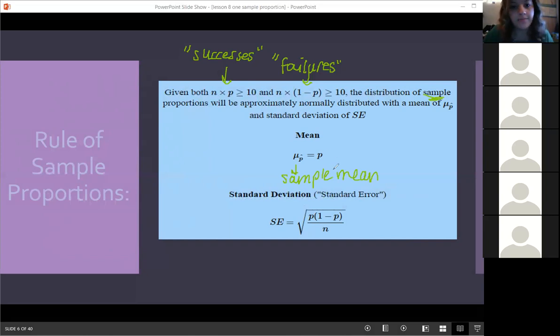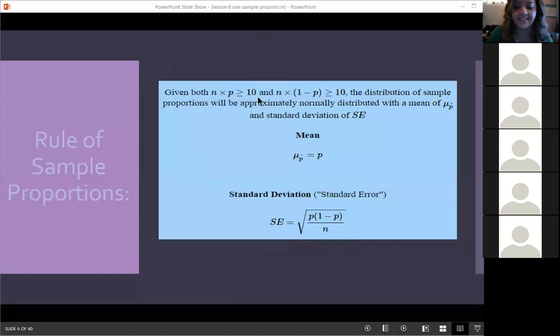Our standard deviation, also known as the standard error, is going to be this equation, which you'll see very often. You'll see it as the second part of your confidence interval. You have your plus or minus, then your multiplier, or z star, times your standard error, which is this equation. So that's our rule of sample proportions.